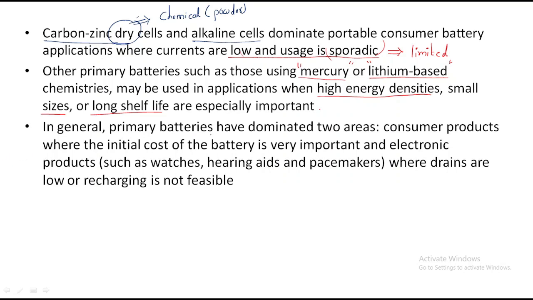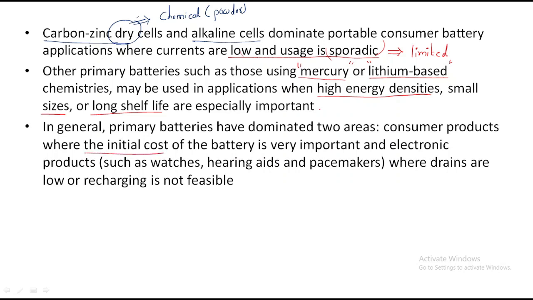In general, primary batteries are dominant in two areas. First, consumer products, where the initial cost of the battery is very important. Second, electronic products such as watches, hearing aids and pacemakers. In two areas they are dominant, where we require batteries with a low initial cost, so we invest less.